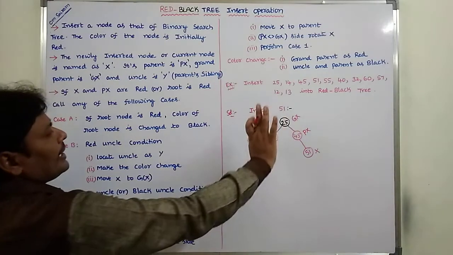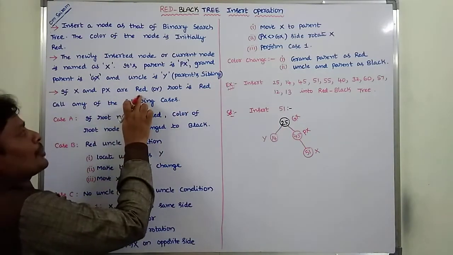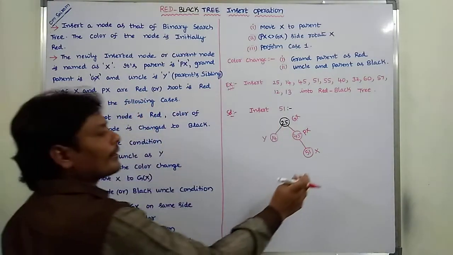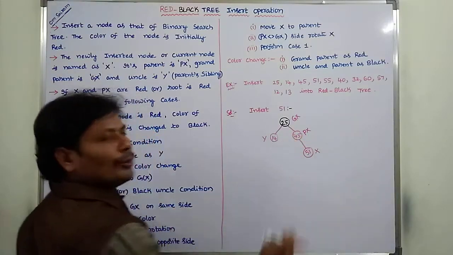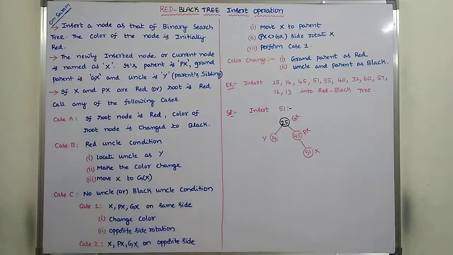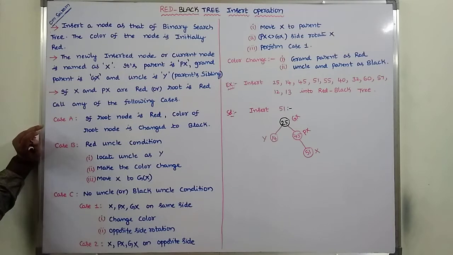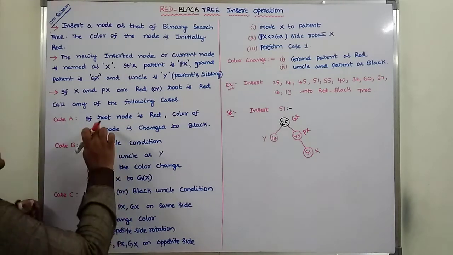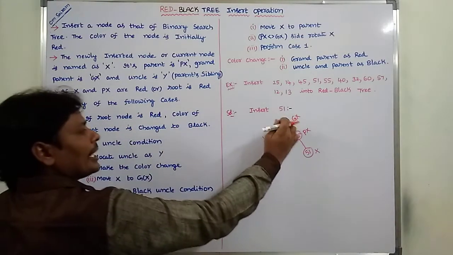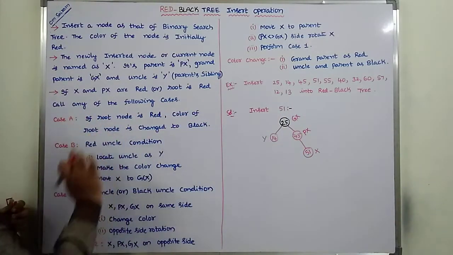The root is not red. Here this condition is true: if X and PX are red, two consecutive red nodes, then we have to follow these cases. If the root node is not red, there is no need for case A.